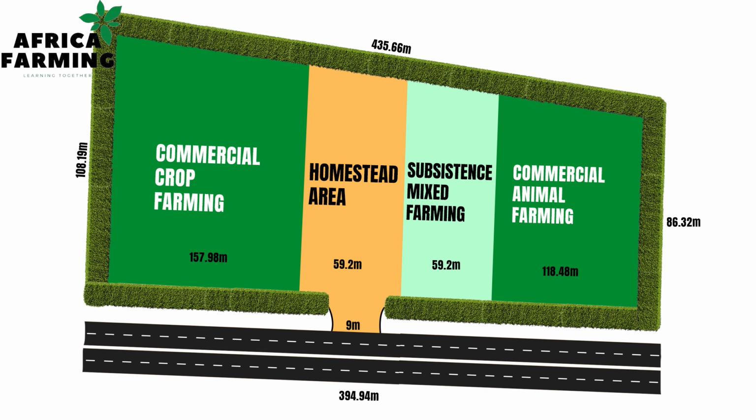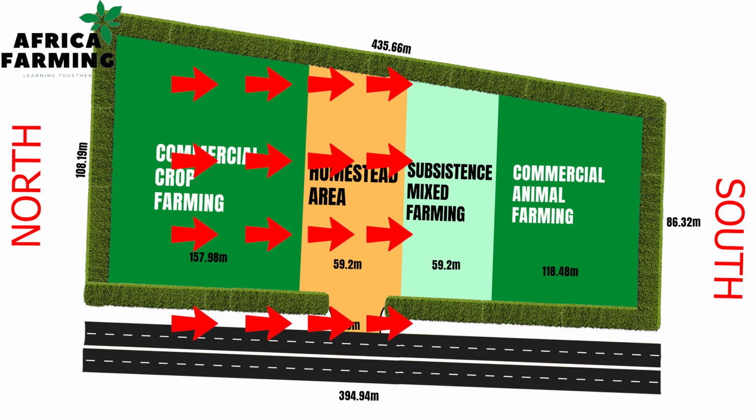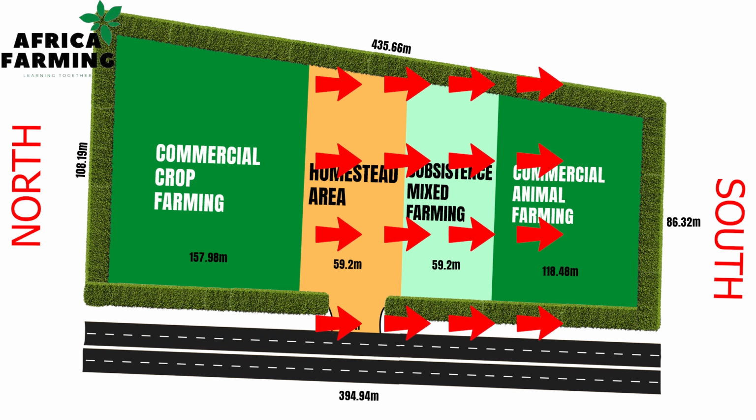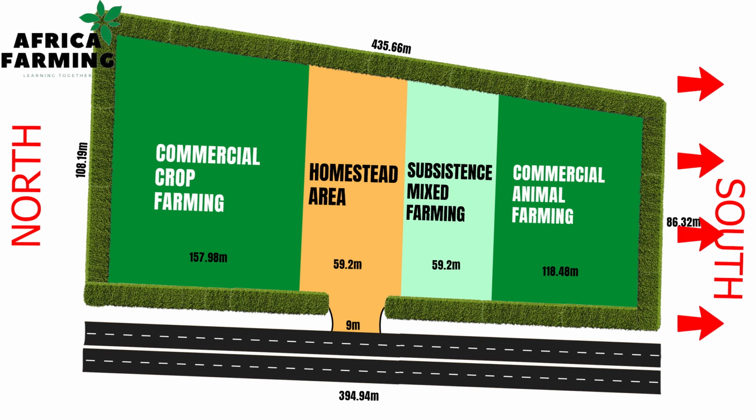So your livestock structures should be on the south side, because as wind blows from north to south, it will be blowing the offensive odor towards the south. So whatever you're planning to do before the livestock structures will not be affected by the odor that comes from the animal section.